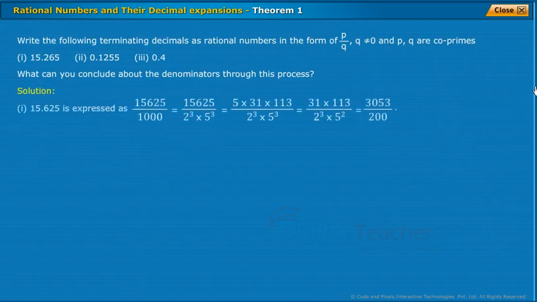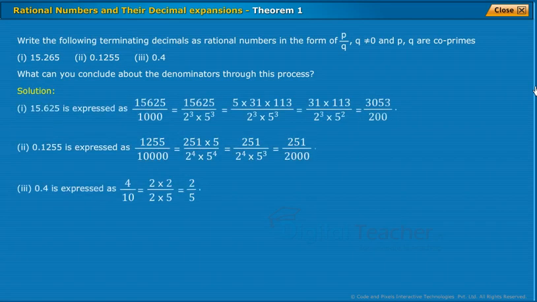Any rational number that has a decimal expansion which terminates is expressed as a rational number whose denominator is a power of 10, where 2 and 5 are the only prime factors of 10. Therefore, during the simplification of a rational number, we observe that the number is in the form of p by q, where the prime factorization of q is in the form of 2 power n, 5 power m, and n and m are non-negative integers.